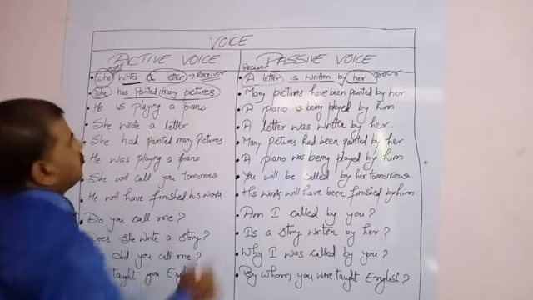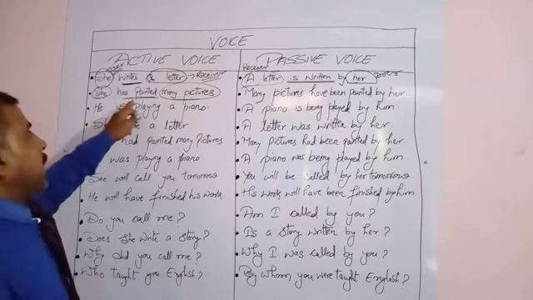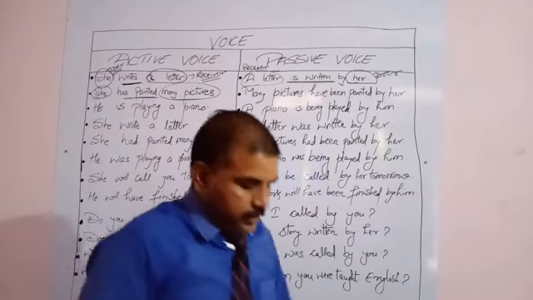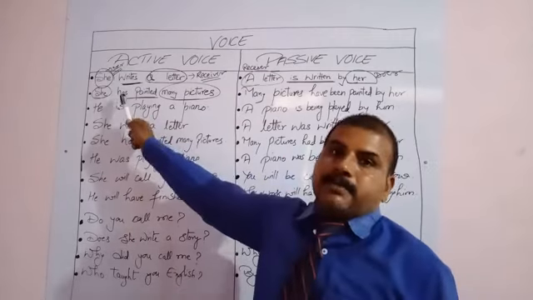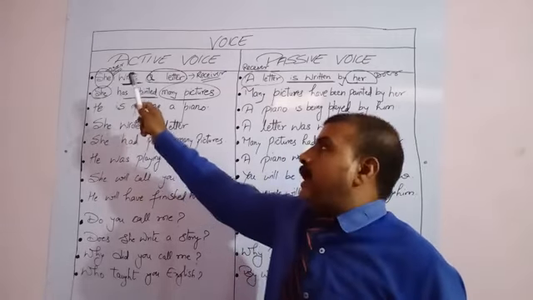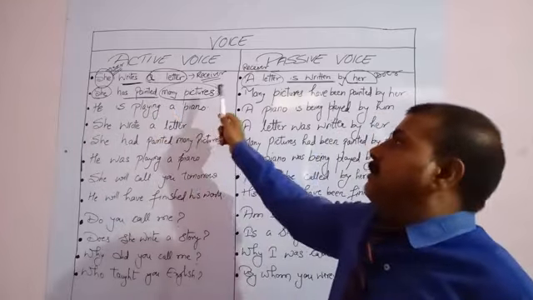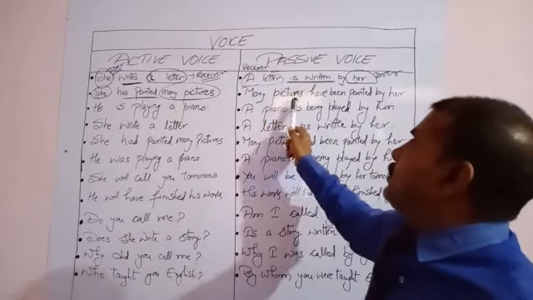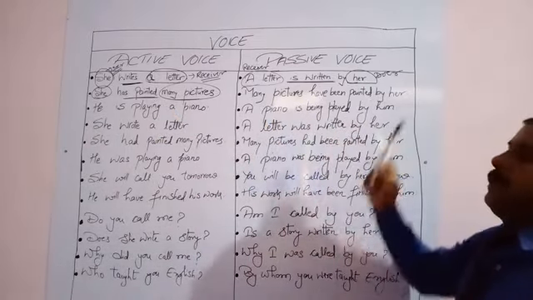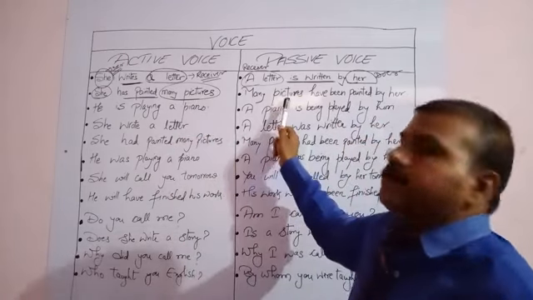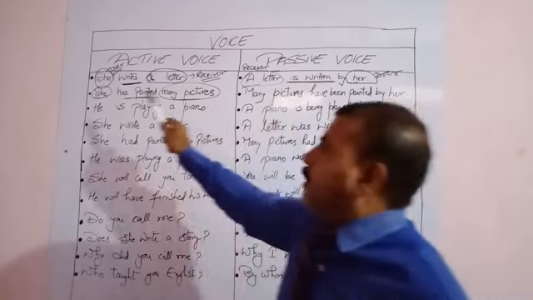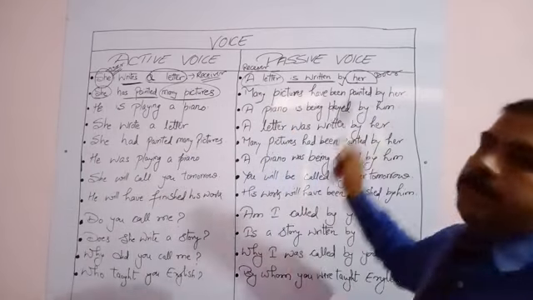So many pictures is the object here, meaning the action of painting falls on the pictures. The doer of the verb is the subject, so it is active voice. Now change it to passive voice: many pictures have been painted by her. The receiver of the verb becomes the subject, and the doer of the verb becomes the object.